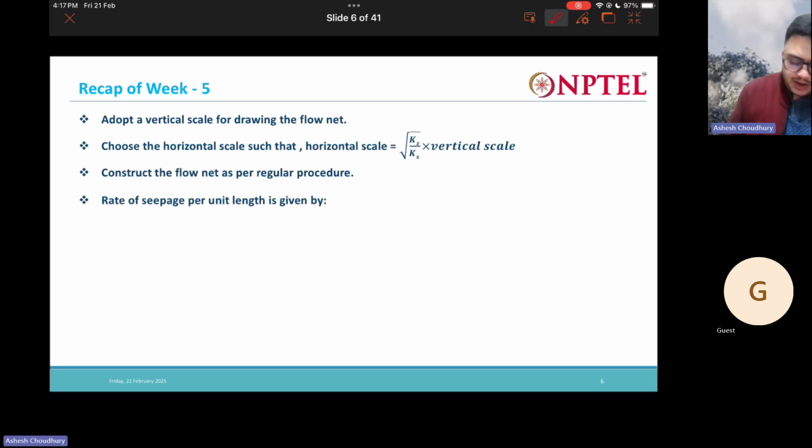So adopt a vertical scale for drawing the flow net. Then choose a horizontal scale such that the horizontal scale is square root of kz by kx times the vertical scale.